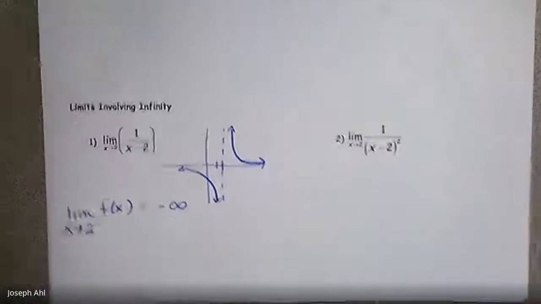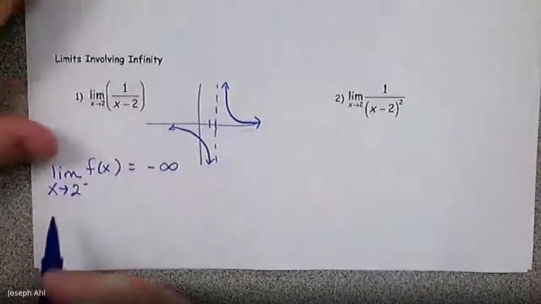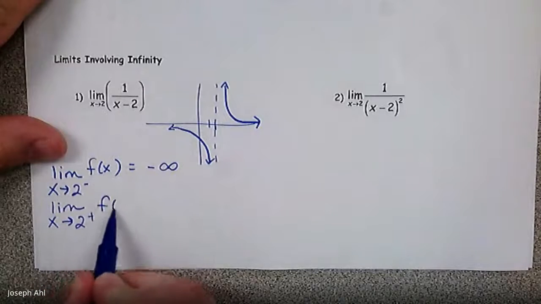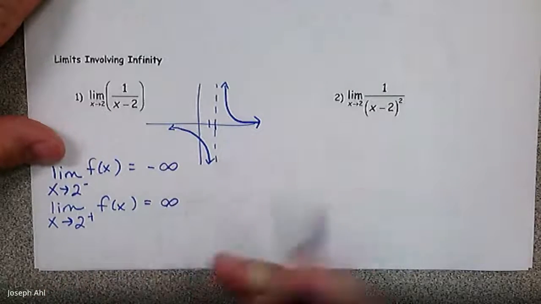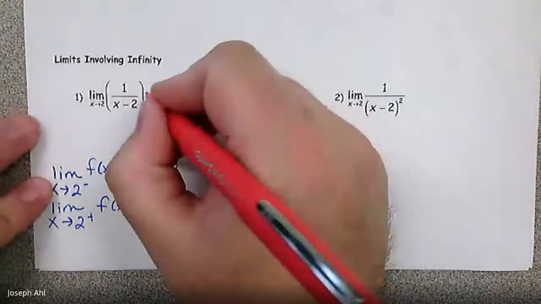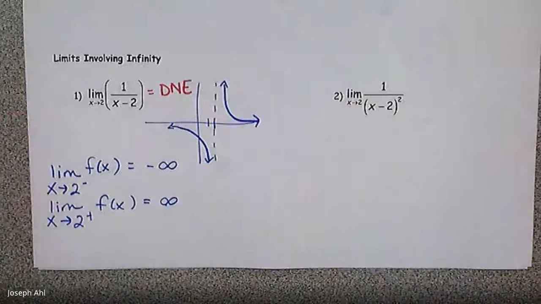And then meanwhile, the limit as x approaches 2 from the right is going to head up towards positive infinity. So altogether, we would say for this example that the limit as x approaches 2 does not exist. The left and right hand limits certainly do not match, and therefore the limit does not exist.